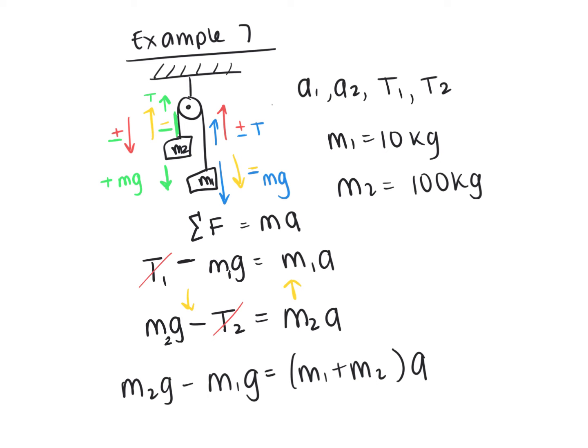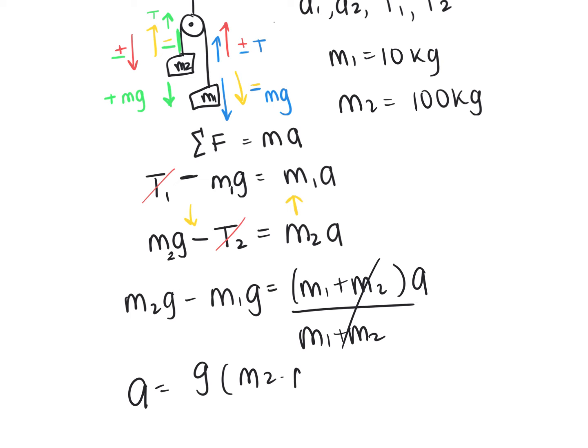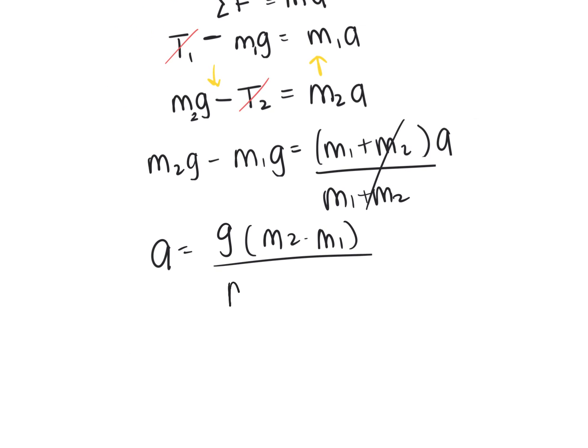And because we're looking for the acceleration, we will divide m1 plus m2 from both sides, and our acceleration will equal, we can factor out the g, m2 minus m1 divided by m1 plus m2.